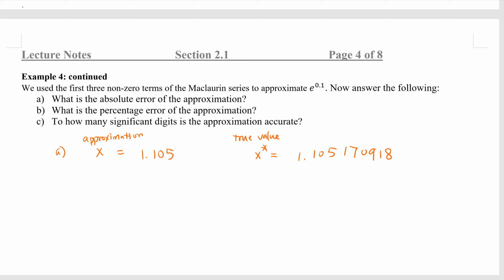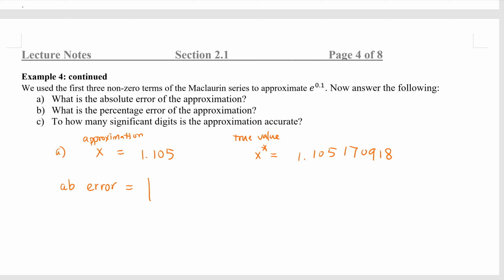Next, what is the absolute error? Thank you for the absolute value, because sometimes I don't remember whether I use the approximation minus the true value, or the true value minus the approximation. But with the absolute value, it doesn't matter. The difference is the one that matters. I usually use the bigger number minus the smaller number, then my answer is always positive.